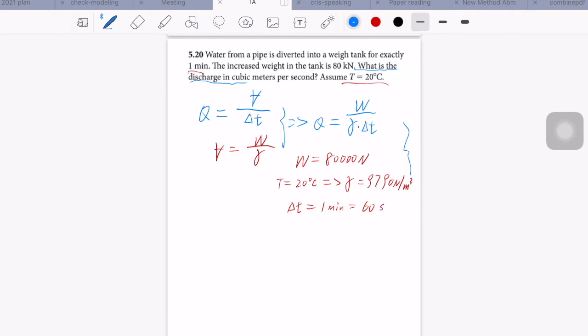So now we can find that Q, the discharge, should be equal to 80,000 Newton divided by 90 Newton per cubic meter times 60 seconds. So Q should be equal to 0.136 cubic meters per second. So we finished this problem.